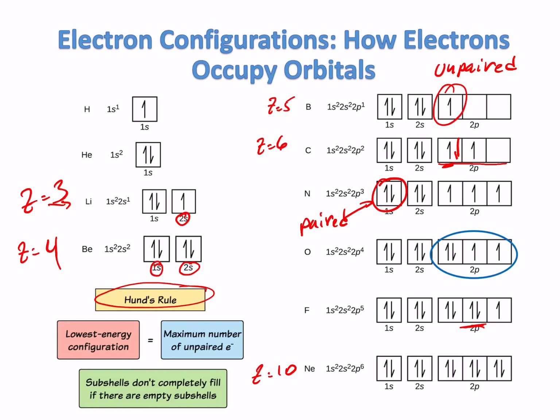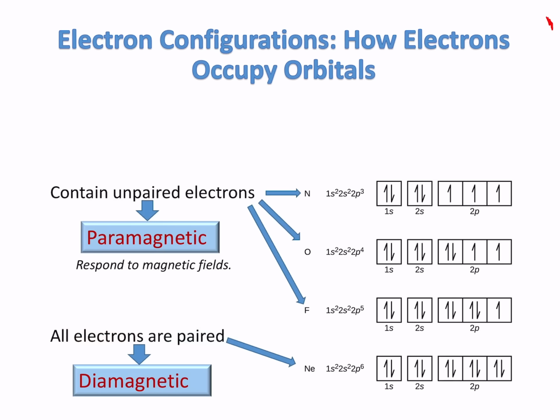Now, if we focus our attention on nitrogen, oxygen, fluorine, and neon, we can see that for nitrogen, oxygen, and fluorine there is at least 1 unpaired electron.